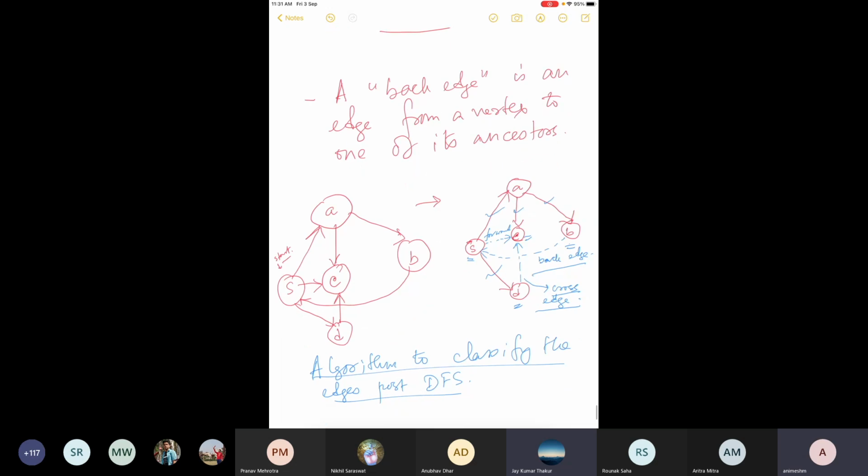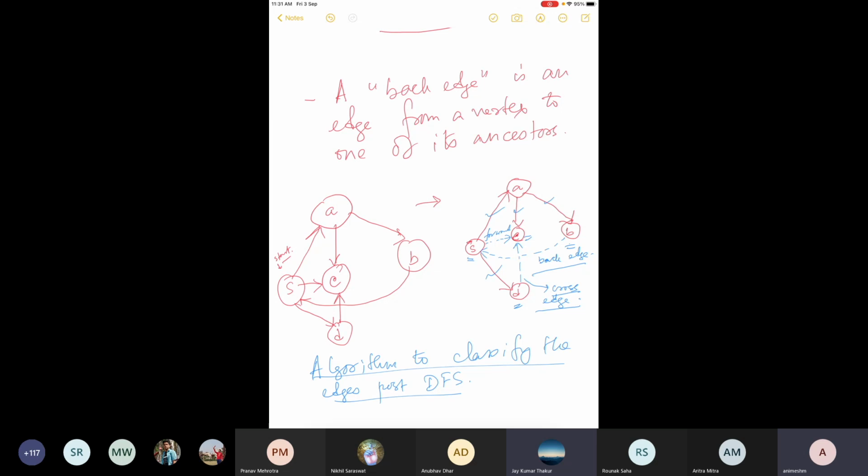Sir, suppose there is a connection between B and C in the original graph. In the DFS tree, what would that connection be called?